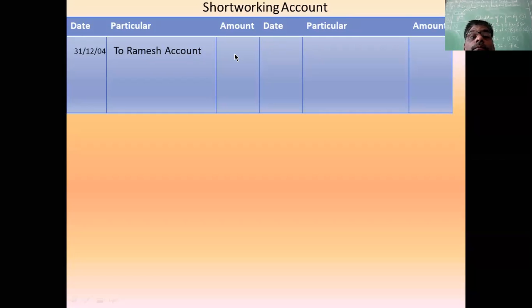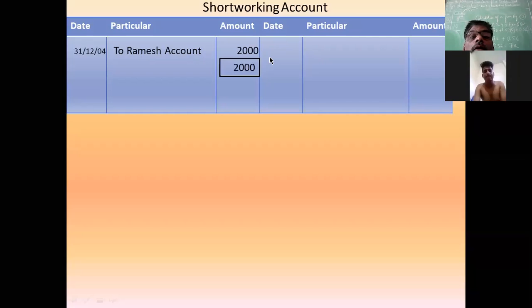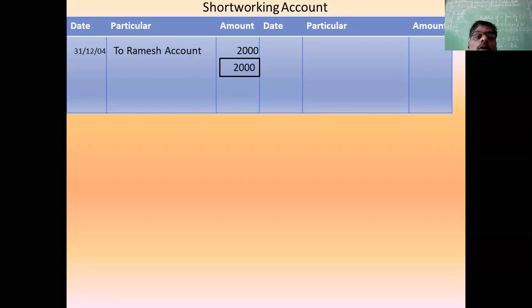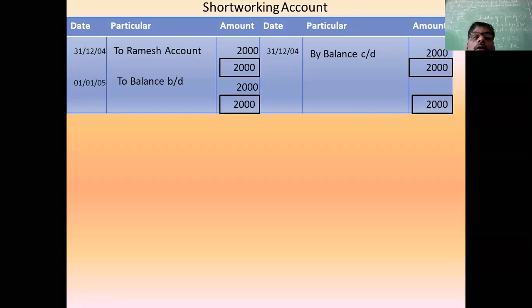You put the author name, 2,000 is the SW amount. And in that year, there are no other amounts. There is no SW or SWIR. Therefore, you take the balance. Balance is 2,000. To balance brought down 2,000. You take the total by Ramesh account 2,000. Okay, this is the end of the second year. There is no balance for the second year and there is only one short working. That short working is recovered. Okay, this is the short working account. Clear?